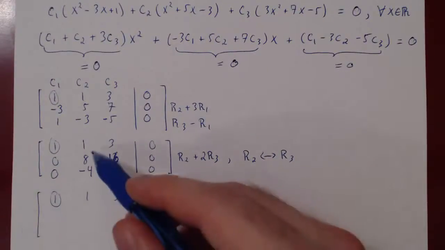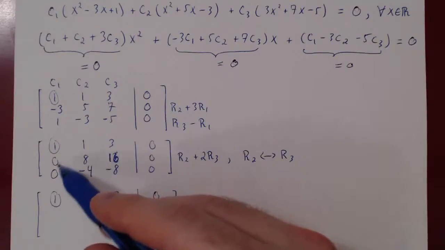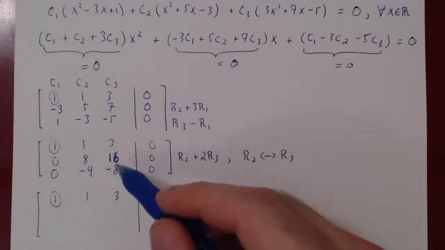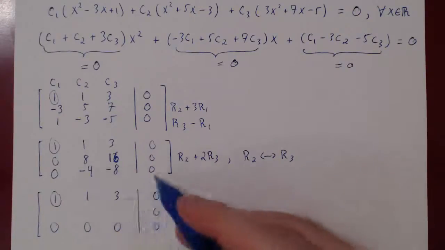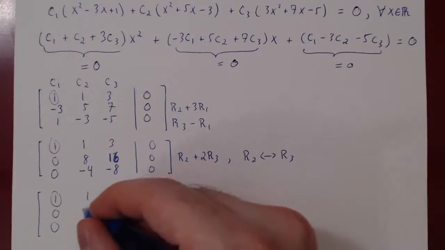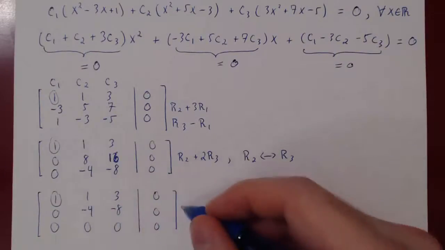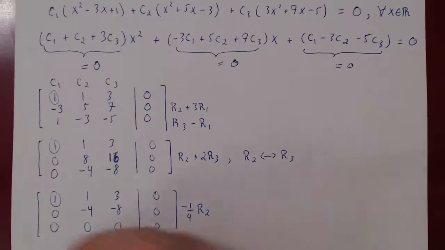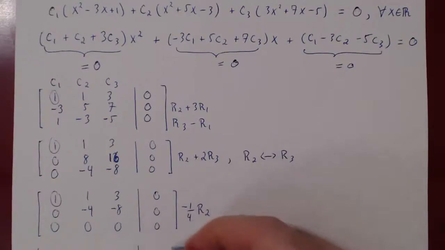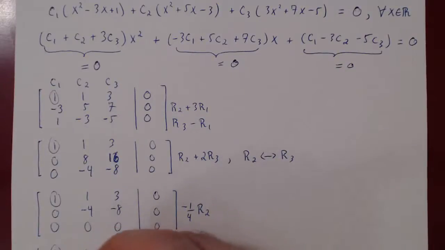So if I do row 2 plus 2 row 3, I'll get 0 plus negative 8, 0 plus negative 16, 0. So this will become a row of zeros. And this row will become, in place of row 2, negative 4, negative 8. And now let me multiply row 2 by negative 1/4. We have our second leading 1.